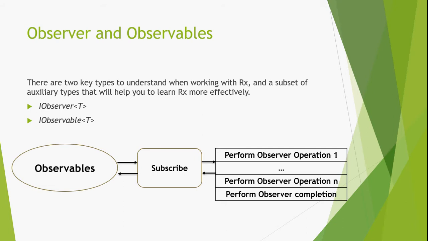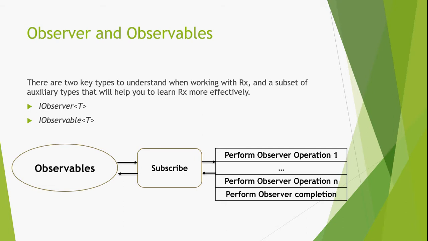Observer and Observables. There are two key types to understand when working with Rx, ReactiveX, and a subset of auxiliary types that will help you to learn Rx more effectively. So the two key types are observer and observables.